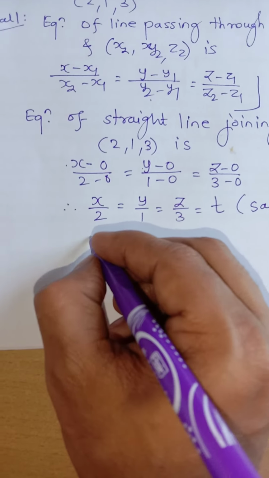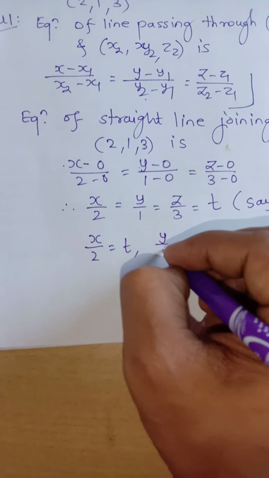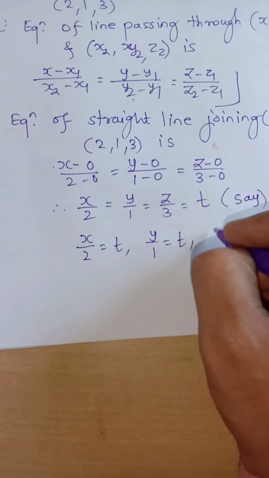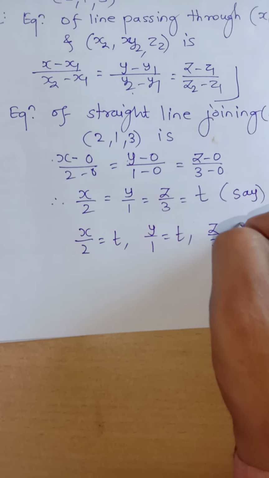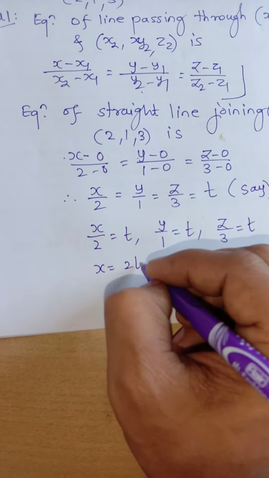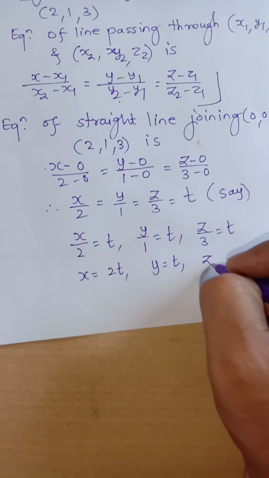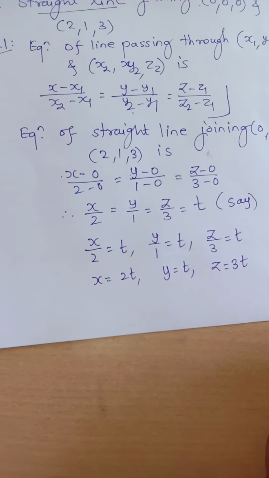So we get x upon 2 is equal to t, y upon 1 is equal to t, and z upon 3 is equal to t. So that is x is equal to 2t, y is equal to t, z is equal to 3t.